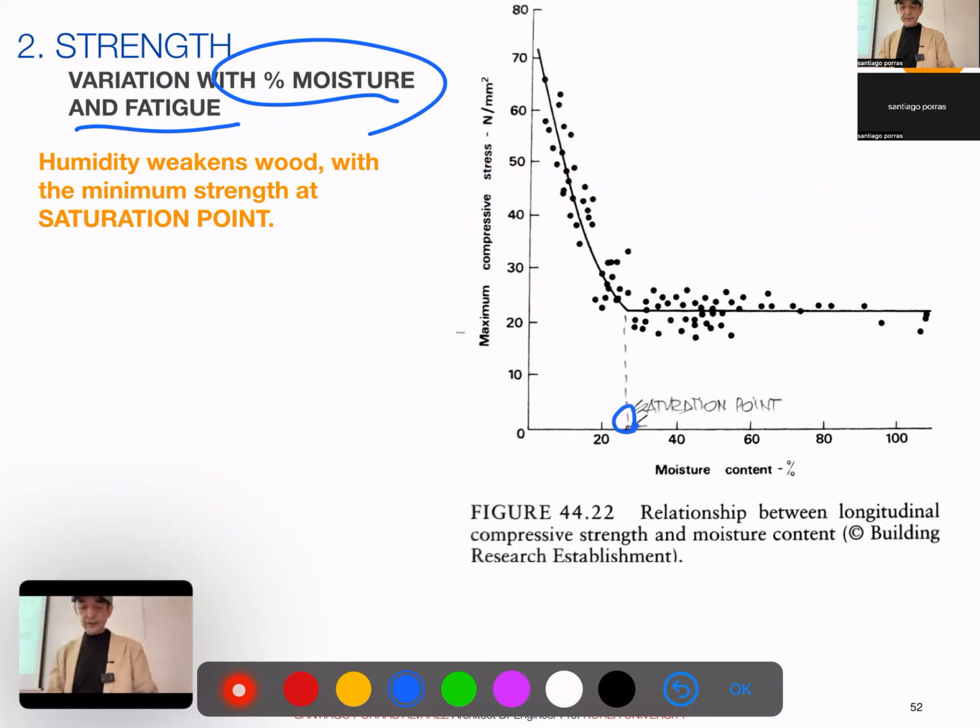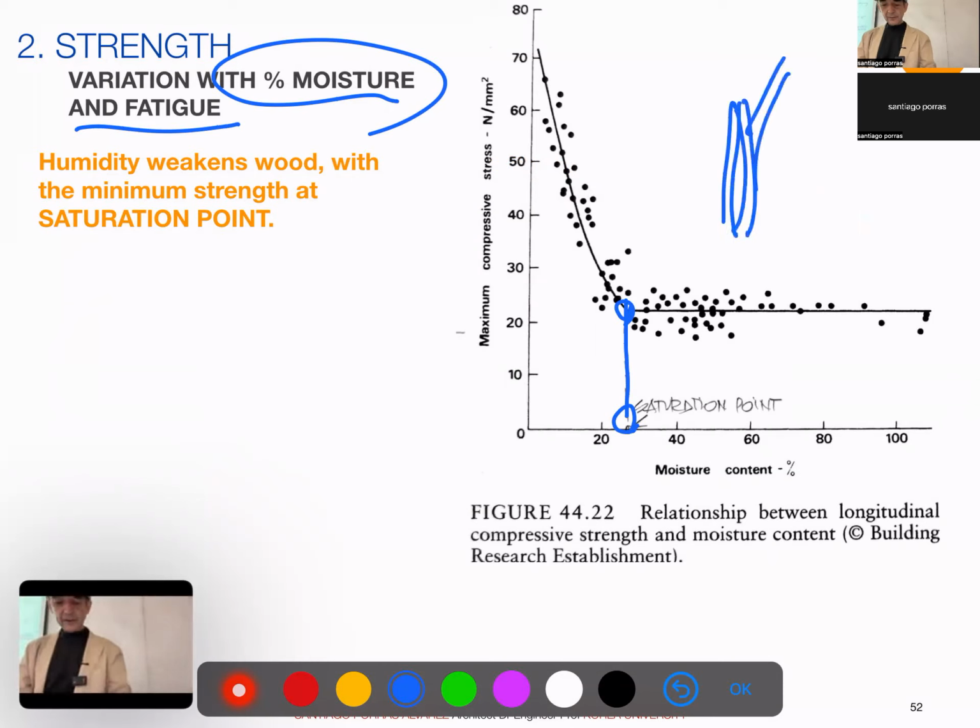The saturation point is the point in which the fibers are totally wet, but you still have space in the timber to get more water, right? So at saturation, you have the fibers full of water, but still the spaces, which we have plenty, are dry.